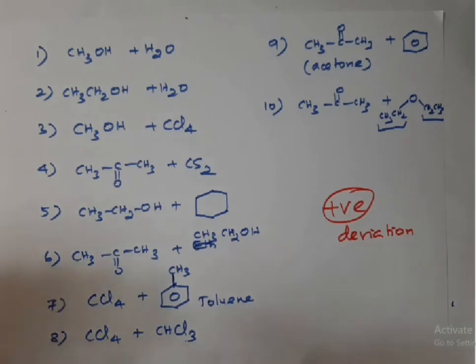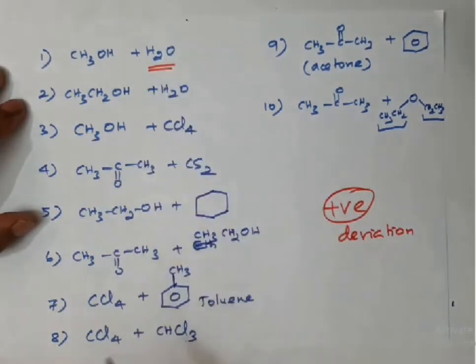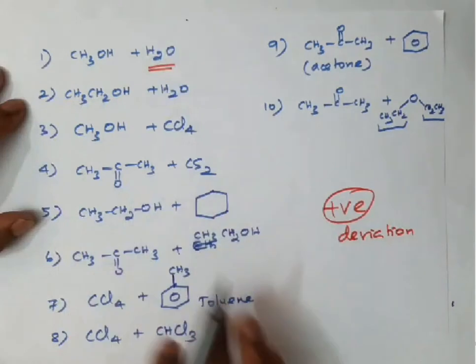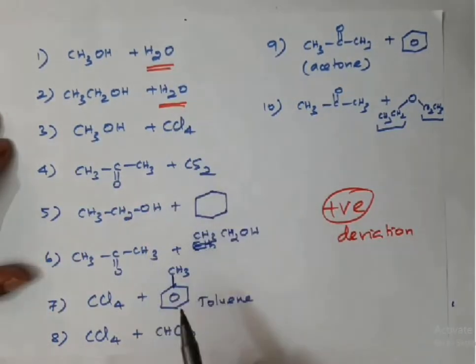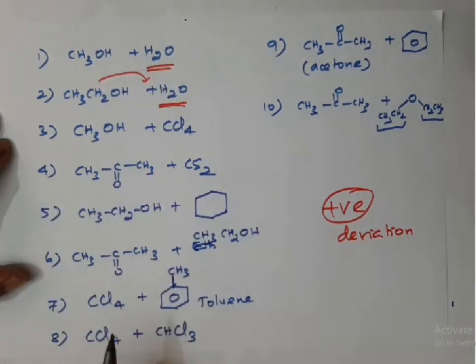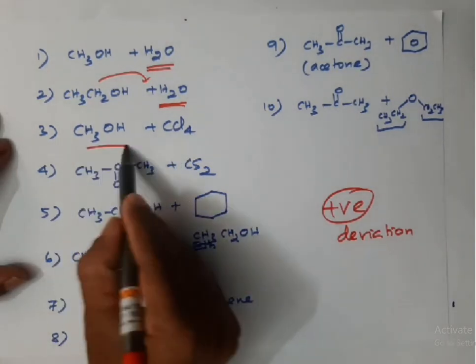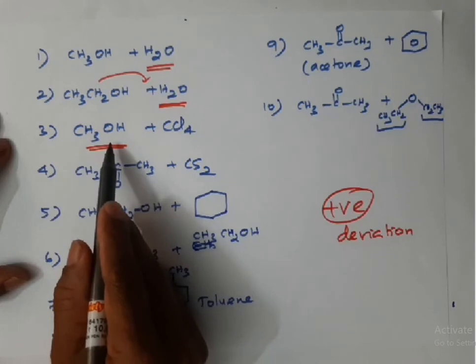And here remember, among methanol and water, there is a strong force of attraction between water-water molecules. If you add methanol, the force of attraction decreases. Similarly, among ethanol and water, force of attraction is strong in water. So if you add ethanol, force of attraction decreases. In methanol and carbon tetrachloride, in methanol we have hydrogen bonding attraction.